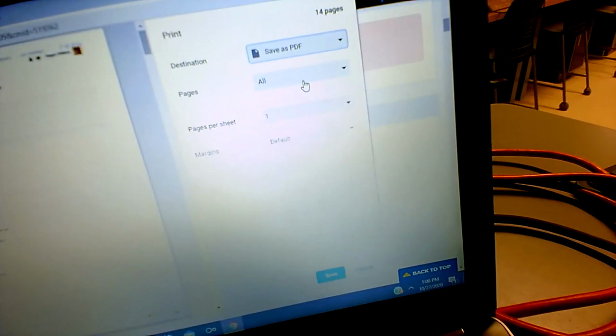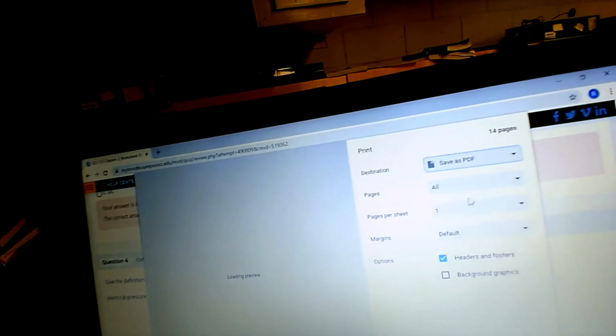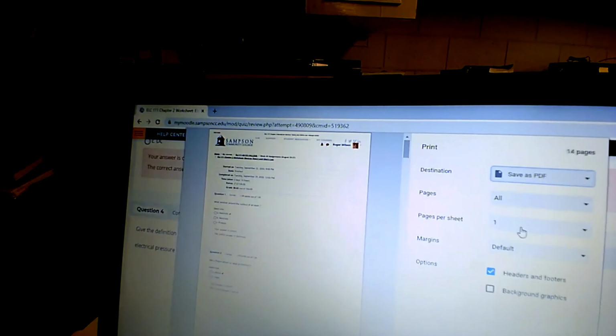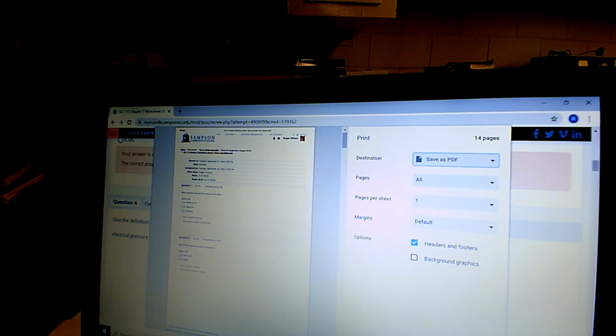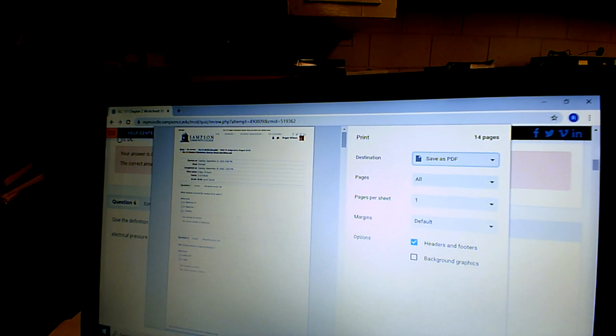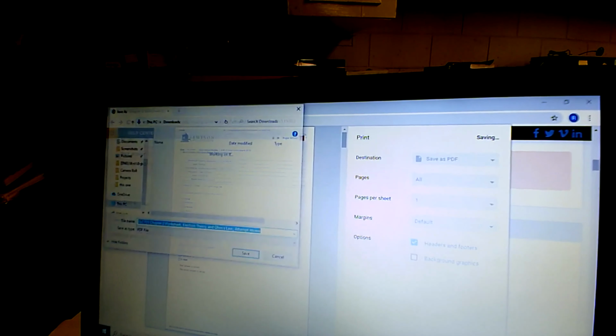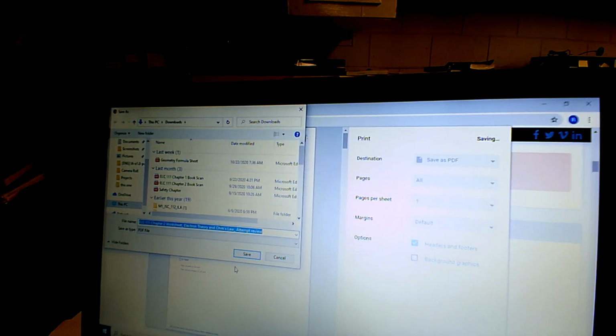Now listen, watch this. If you don't want to print it on paper, print it to a PDF and save it. Let's show them how to save it as a PDF. Now y'all watching good? When you go to print, instead of printing to a printer, you can hit save as a PDF.